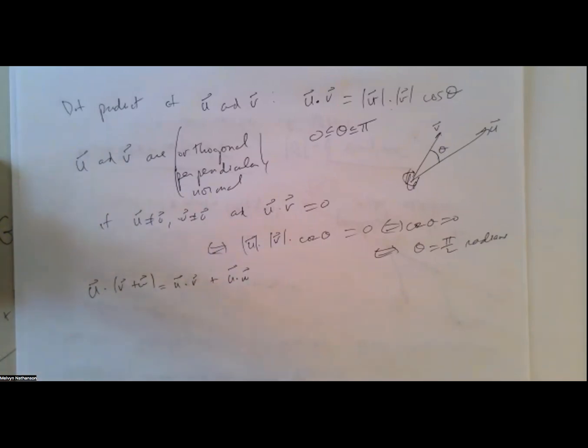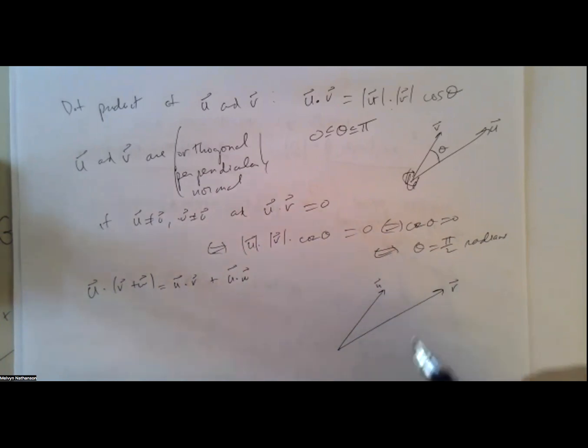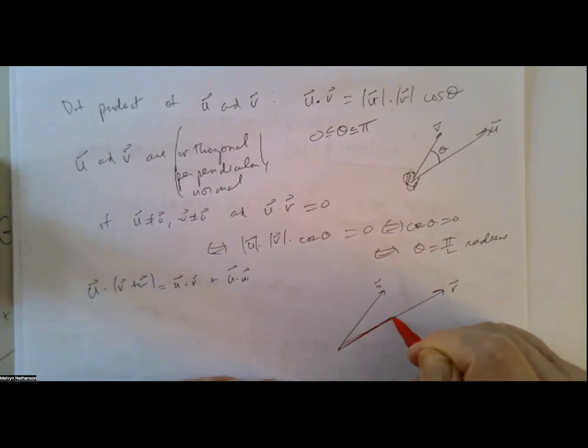But what's very interesting is to use the dot product to solve the following problem. Suppose we have a vector V and a vector U, and we would like to decompose U into two pieces, a part that is parallel to V and a part that's perpendicular to V.